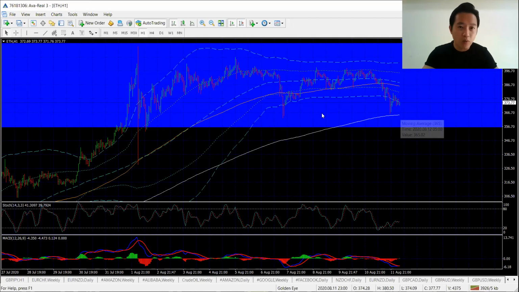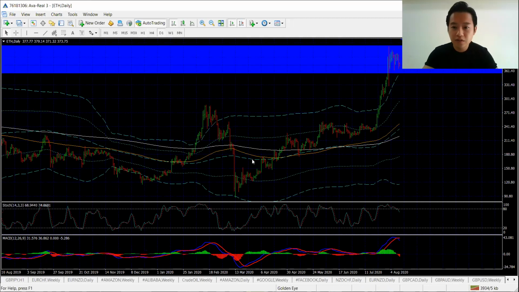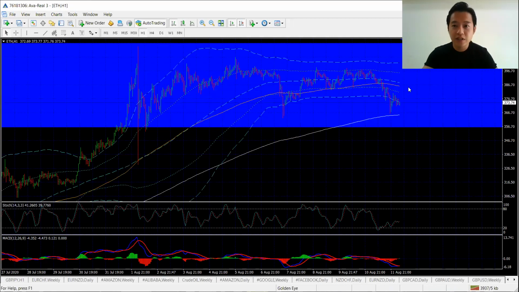And also my white line, which is my 365 moving average, if price do close below, then very likely it is coinciding with the daily crossing of the MACD, right? To come its way downwards, right? To come its way downwards. Okay, so here will be kind of a little bit of crucial point.